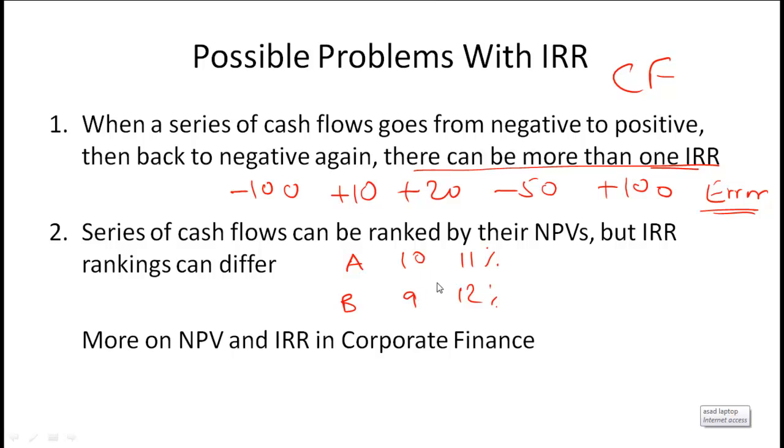Whenever there is a conflict, you always go with the NPV method. So NPV always trumps IRR if there is a conflict. But as I said, there is a lot more detail on this in corporate finance, so we will worry about this later.